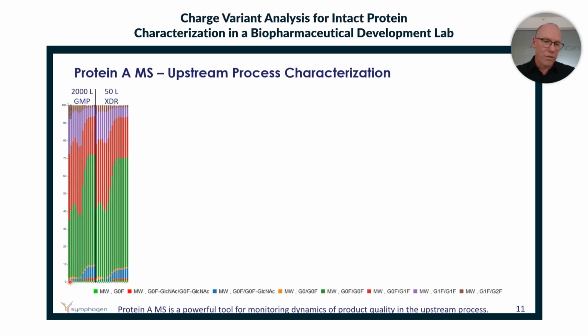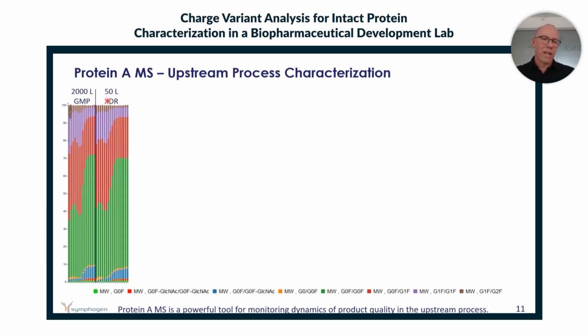When you go from left to right, it's from day 0 to harvest day in your upstream process. And if you go from bottom up, it's sorted by increasing mass. So the lower bars represent more immature glycoforms, and the higher ones represent more mature glycoforms.